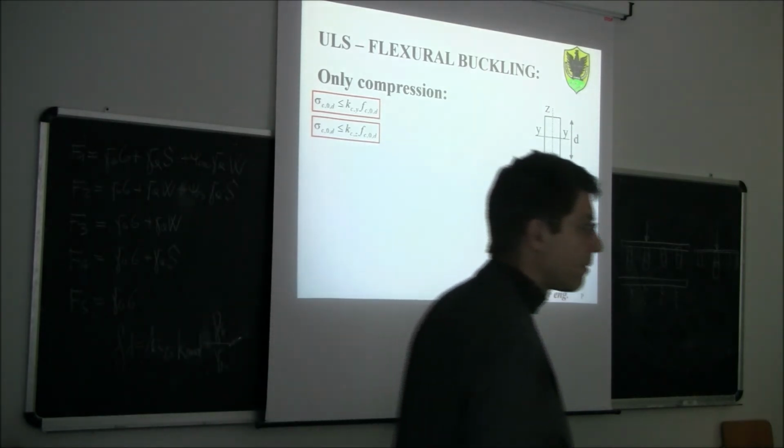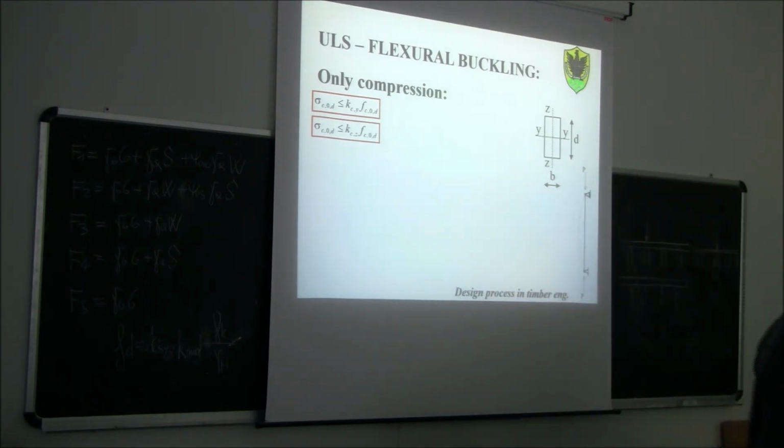Because of the modulus of elasticity. We said that a timber member is like a reinforced concrete member, but the modulus of elasticity is 1/3, so also the critical load is 1/3. So we can expect significant problems of buckling, flexural buckling, in compression. Flexural buckling is instabilità carica di punta, in Italian.